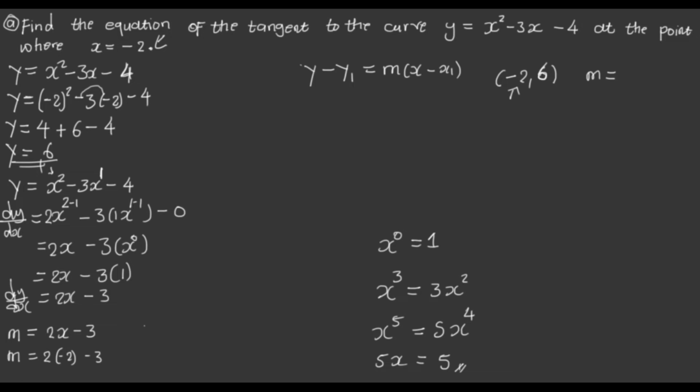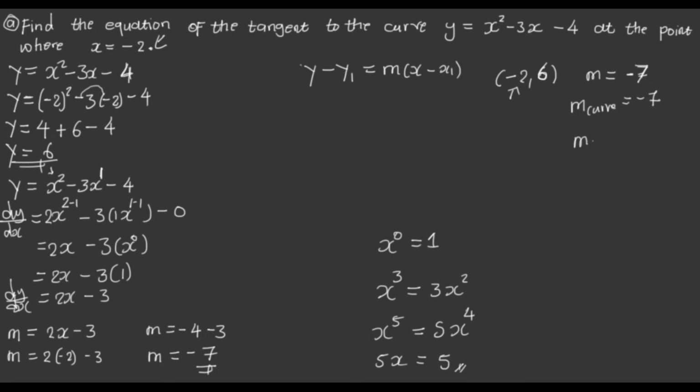We can see that gradient is equal to 2 times -2, we get -4 minus 3. Gradient is equal to negative 7. Okay, so this negative 7, remember this is the gradient of the curve at the point of contact at (-2, 6). So the gradient of the curve is negative 7.